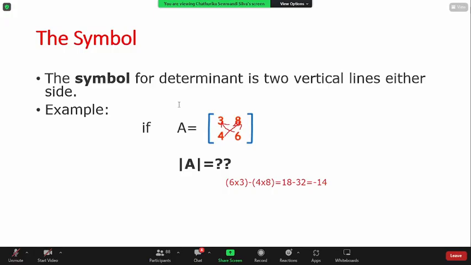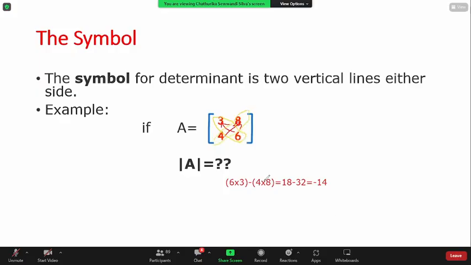So here the important thing is the direction, right? Sometimes some students, not all, change the direction. For example, initially you have to do this way. Initially you have to calculate this one, then only this one.